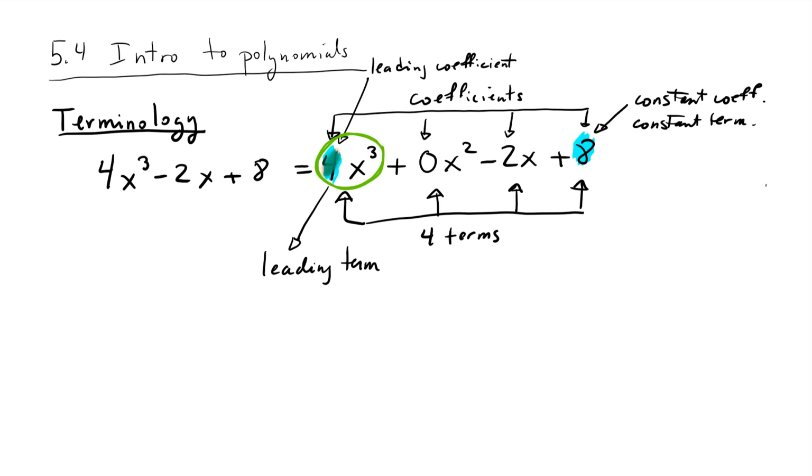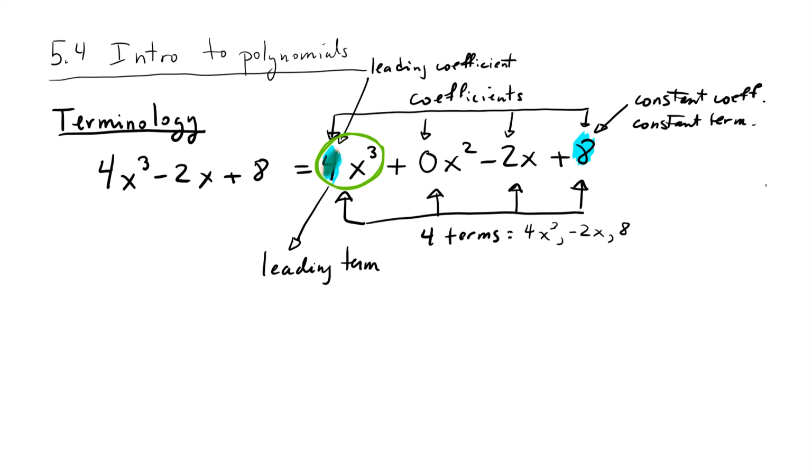So you see the 4 terms. Like if we were asked to list the 4 terms, you'd list them like this: 4x cubed. If there's a term with a coefficient of 0, you usually don't list it. So you just say minus 2x and 8 are the terms of this polynomial.